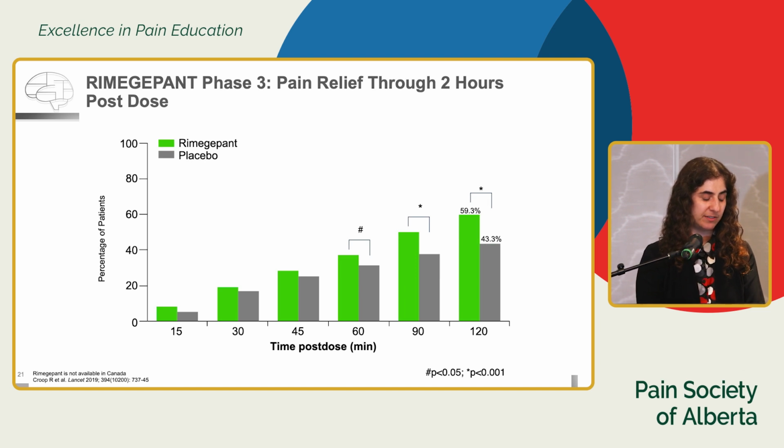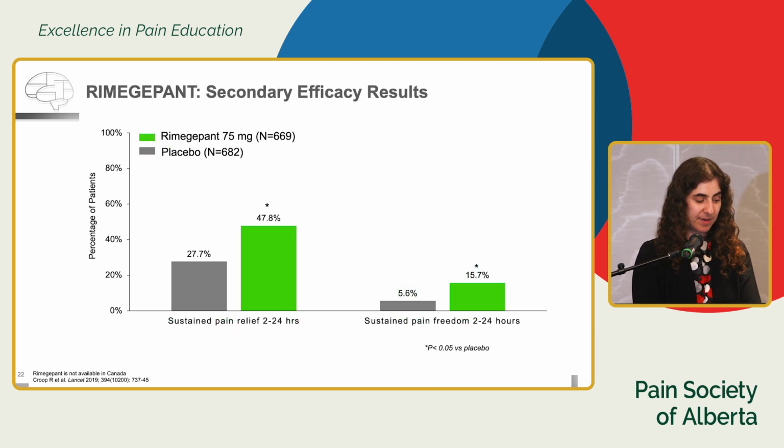If we focus on the 2-hour time point here, approximately 60% or so of patients have pain relief at 2 hours post-dose. And then looking at sustained pain relief, 2 to 24 hours, just under about 48% of rimegepant patients, and sustained pain freedom at 2 to 24 hours, about 15%. So again, quite similar results to ubrogepant.